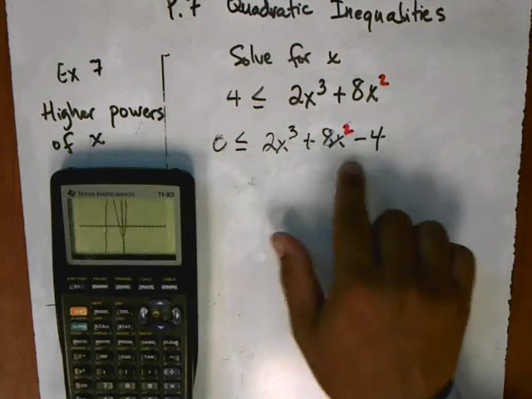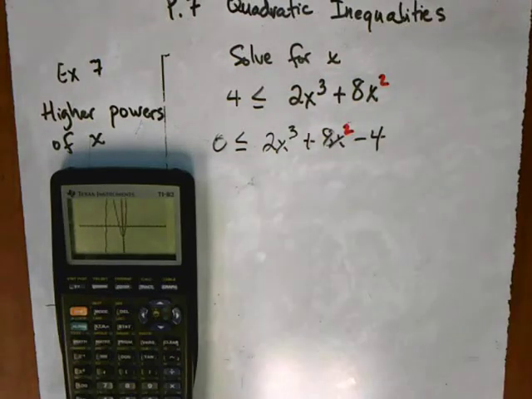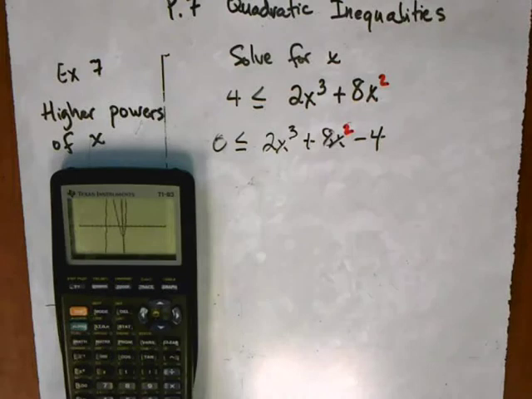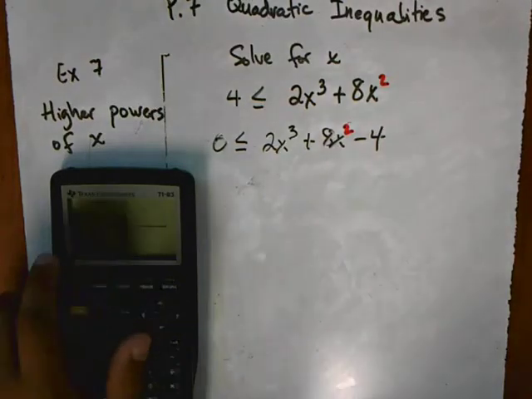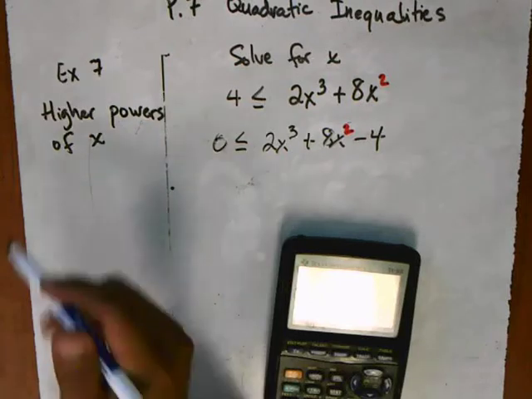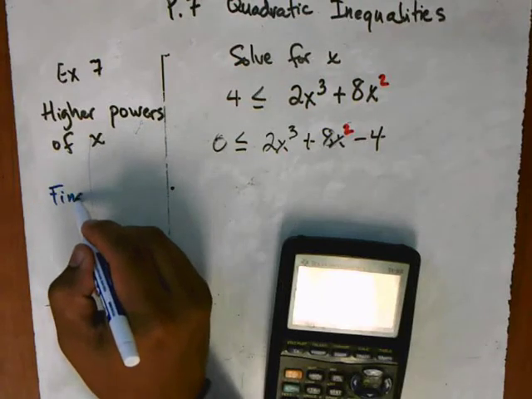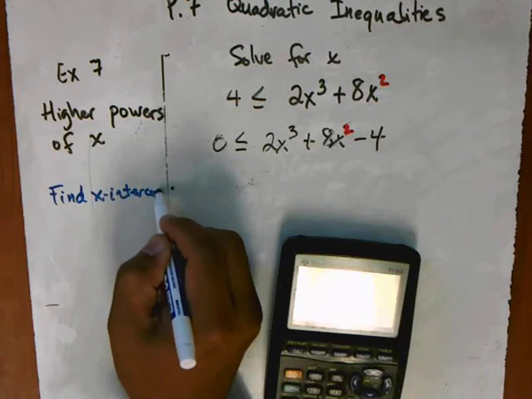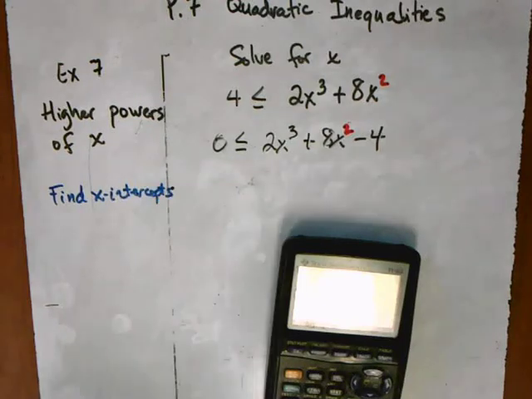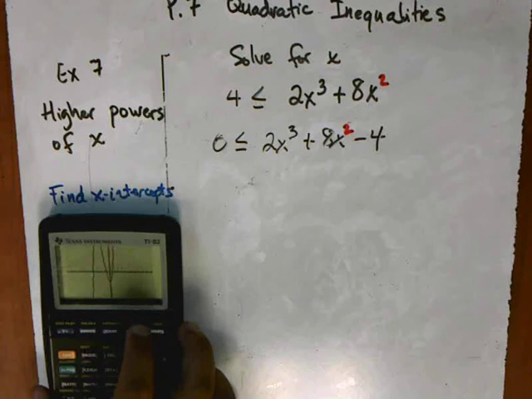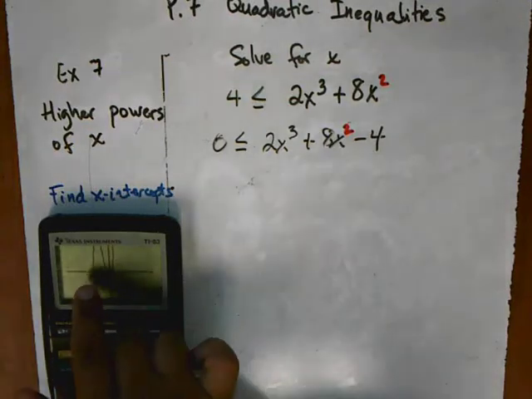And again, I don't really know how to solve this algebraically yet. So the best thing that we can do right now is to solve this using a graph. So let's find the x-intercepts. Let me write a note here: find x-intercepts. And it's nice because our calculator will help us do a lot of that.